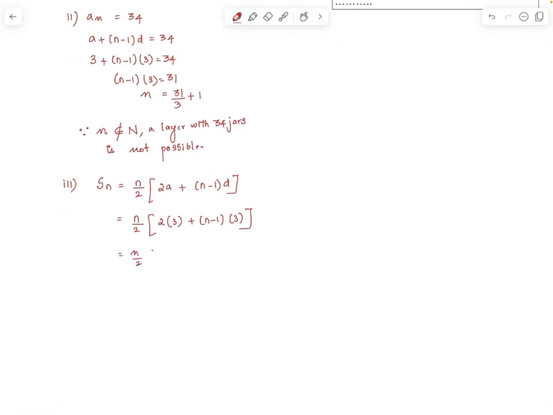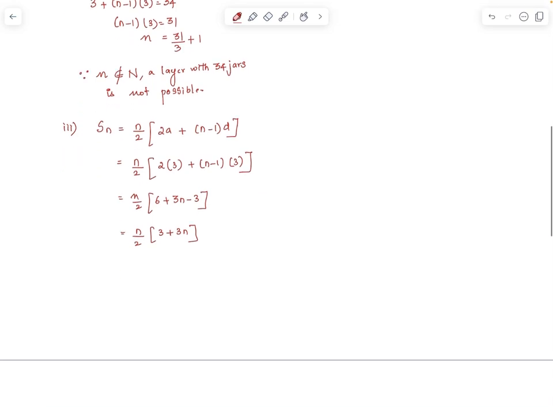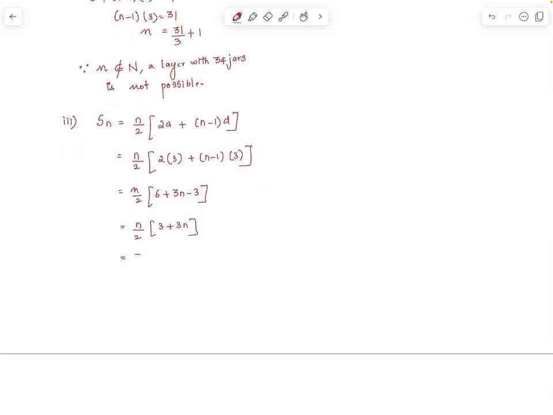n by 2 times 6 plus 3n minus 3, which is n by 2 times 3 plus 3n. Taking the 3 common, we get 3n into n plus 1 by 2.